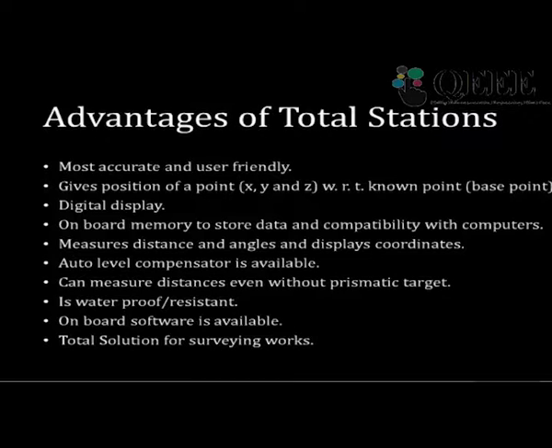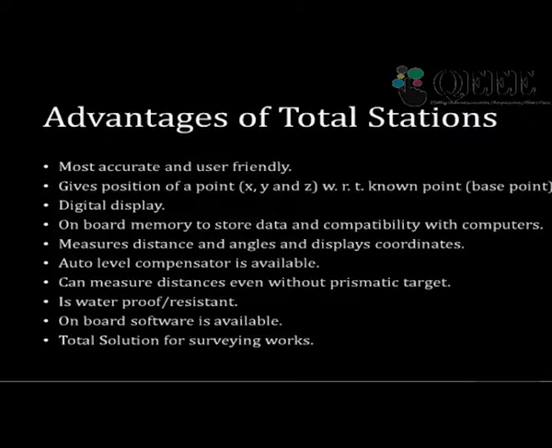An auto level compensator is available. Since these are all very high-end instruments, even if your instrument is not adjusted to a proper level, minor leveling errors and inequalities can be compensated using the auto level. Then it can measure the distance even without a prismatic target.